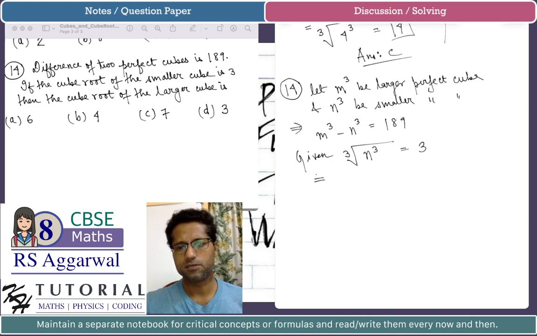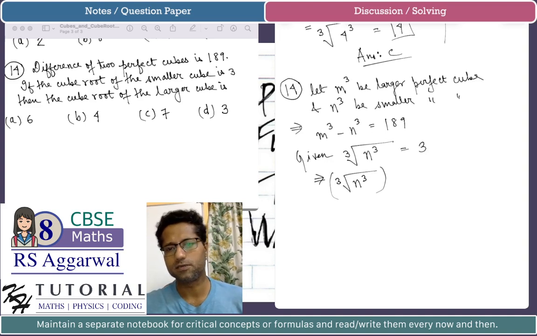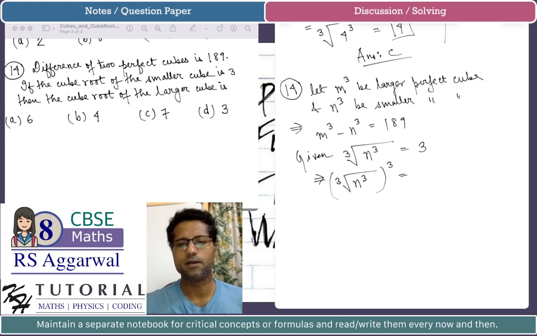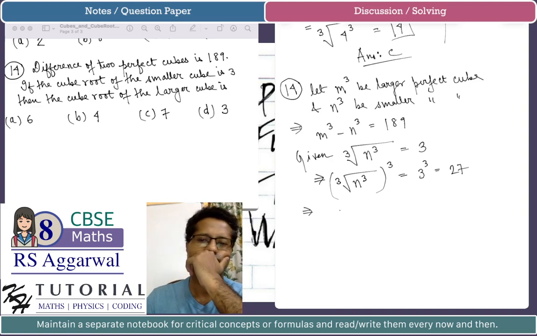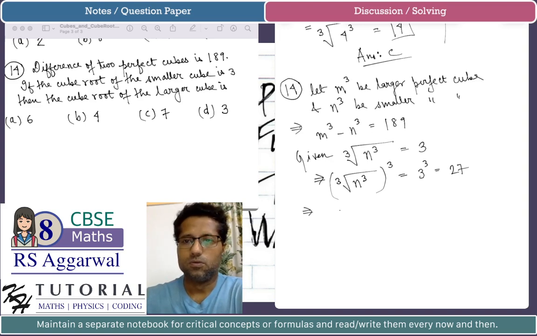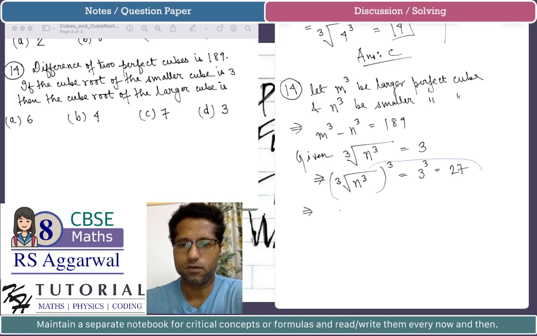So this implies that if I cube both sides, I get 3 to the power 3 is 27. No, sorry, I'm doing it wrong.